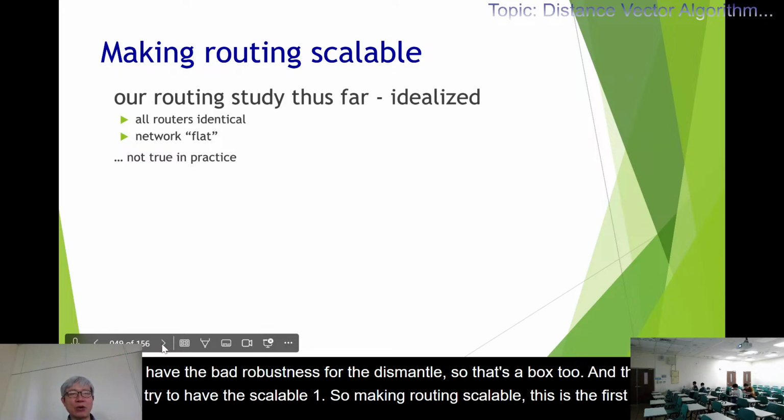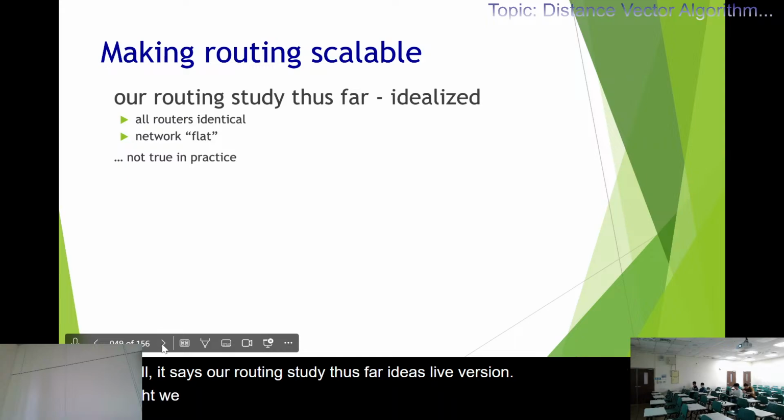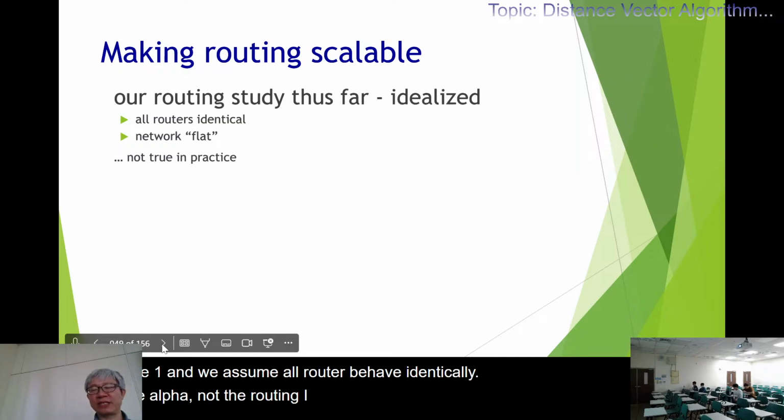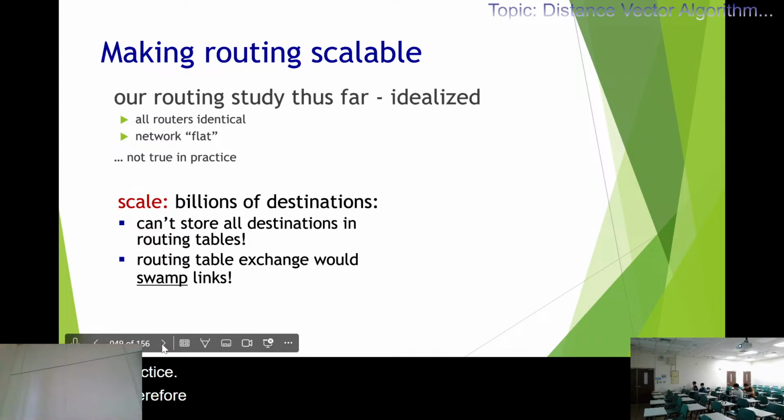Our routing study thus far is an idealized version. For example, link state is a flat one, and we assume all routers behave identically. Therefore, it is not the routing algorithm for the real situation, not true in practice. So the first issue is that we want to make it scalable.